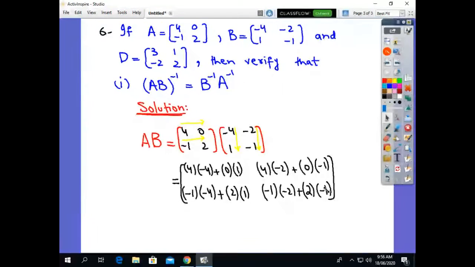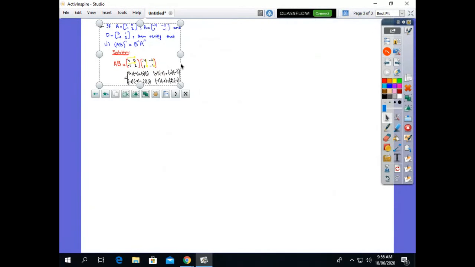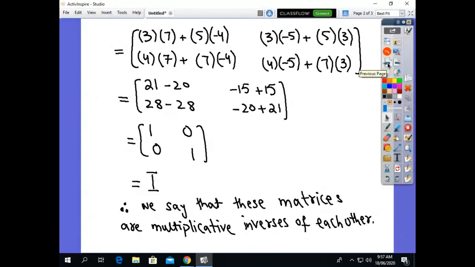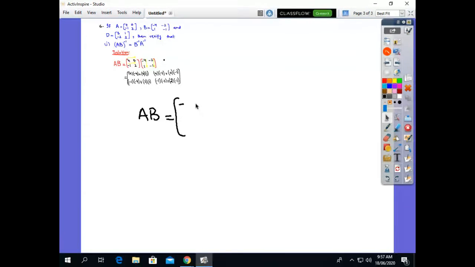Now we simplify it. The product AB becomes negative 16 plus 0.